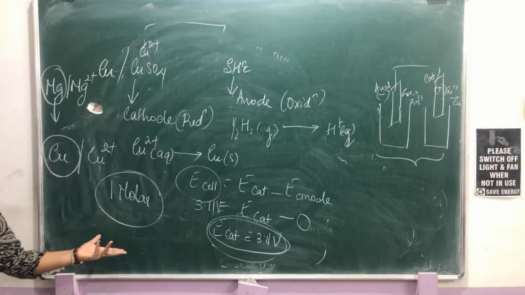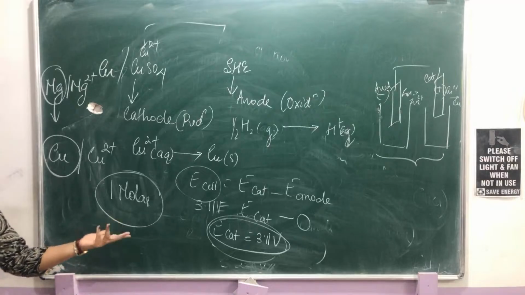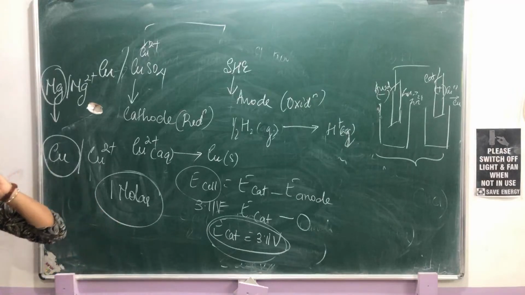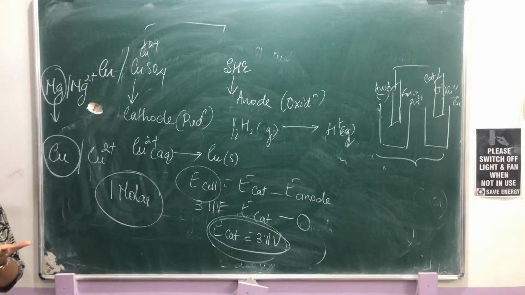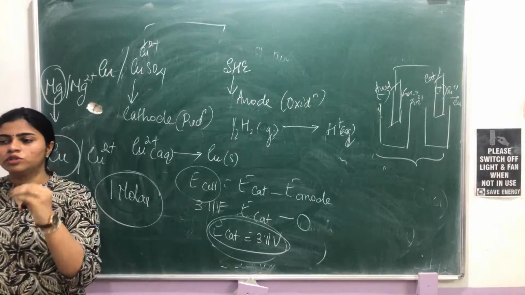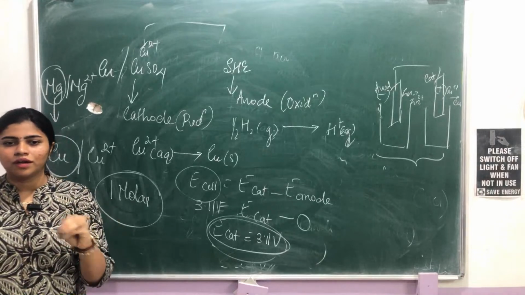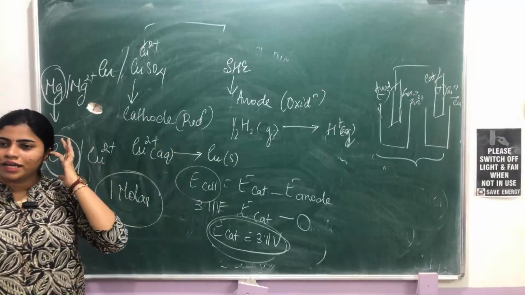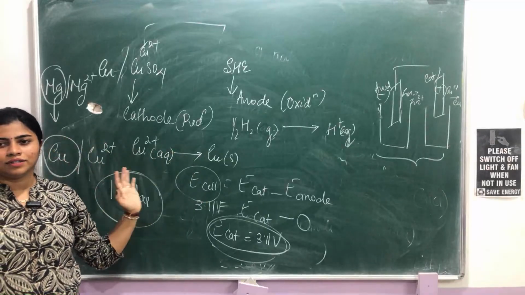Is it real in the real world? We do experiments with different concentrations, right? So a scientist called Nernst came up with an equation called the Nernst equation, which is the most important topic in electrochemistry. Whenever you hear electrochemistry in future, you will remember the Nernst equation.